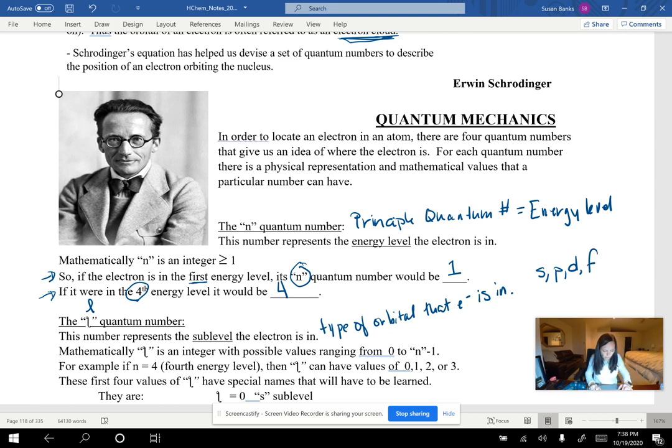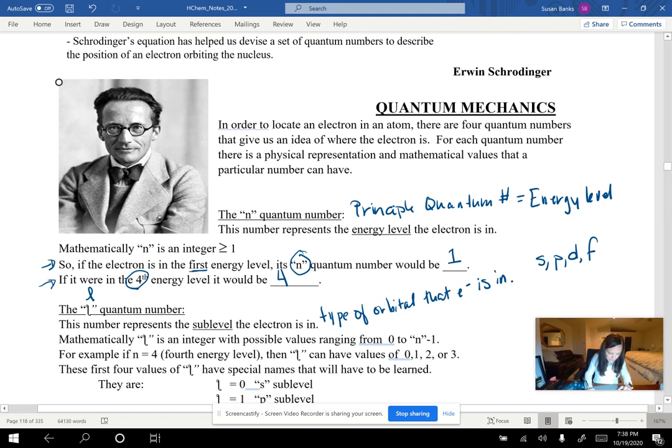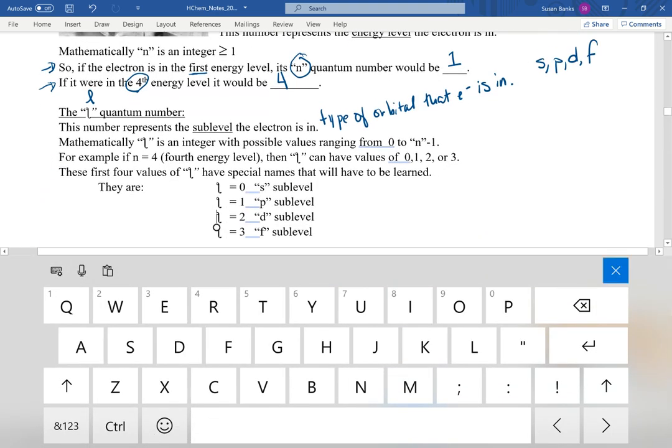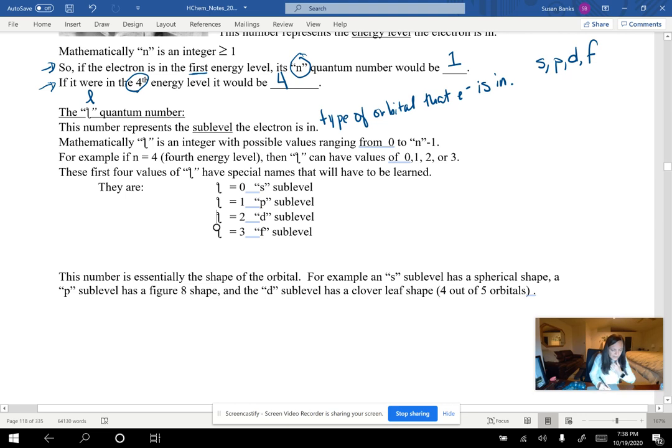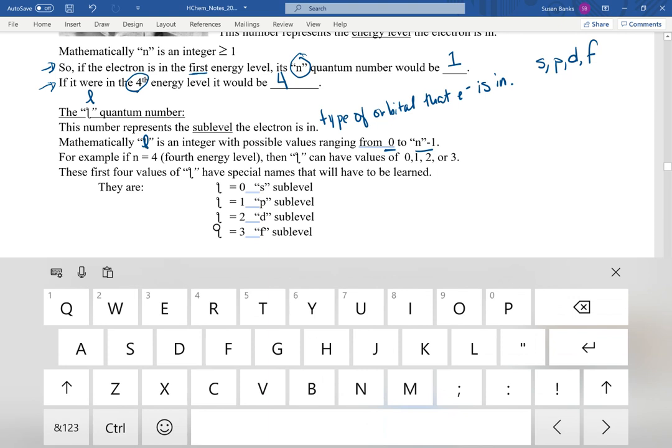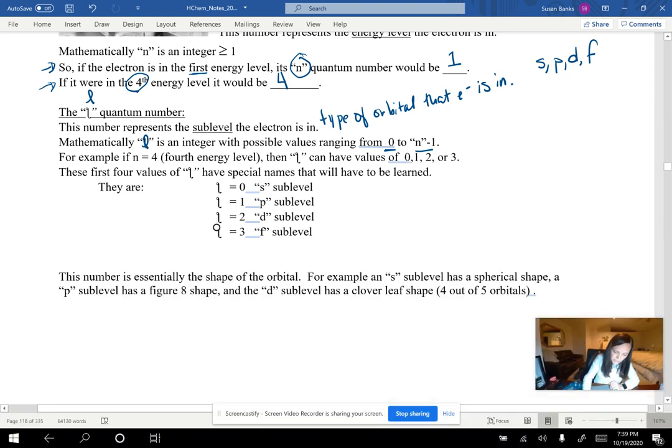So let's look at the mathematical relationship here. L is also an integer. So it has values that range from 0 to n minus 1. So for example, if n is 1, n minus 1 is 0.